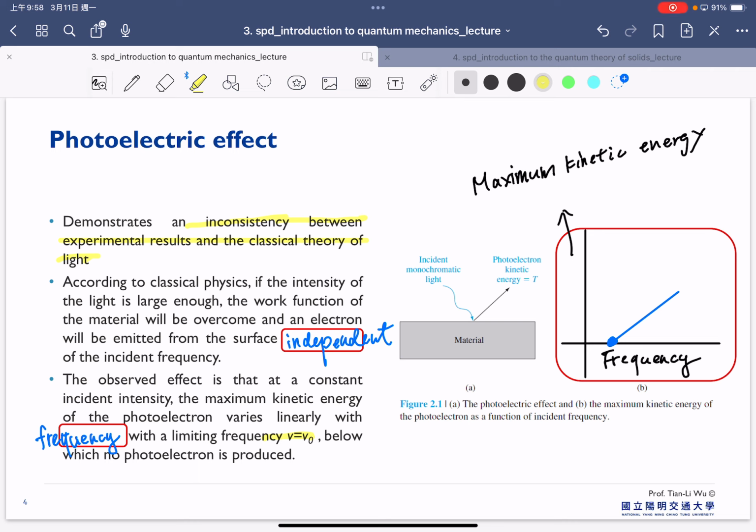So that means below this limit, no photoelectron is produced. So that's a quick overview of what we learned from modern physics.